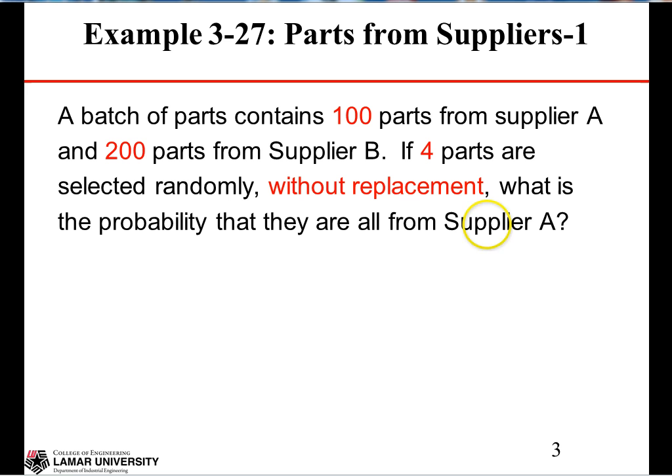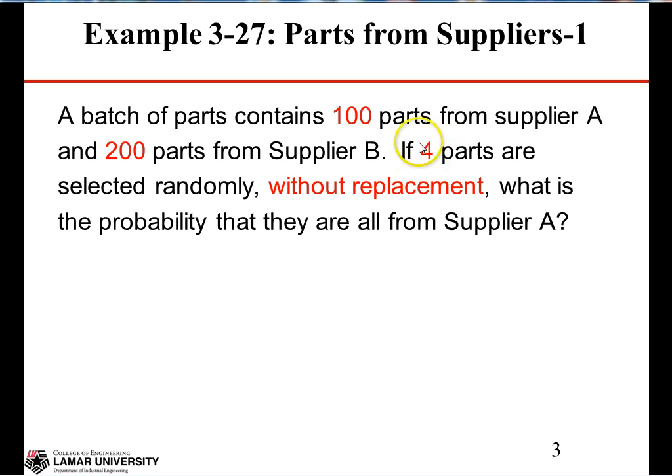Based on the problem statement, we define success as the part coming from supply A. Therefore, the whole batch contains 300 total parts, and out of 300, 100 are successes and 200 are failures. So capital N is equal to 300, K is equal to 100, and we are picking 4 parts without replacement.